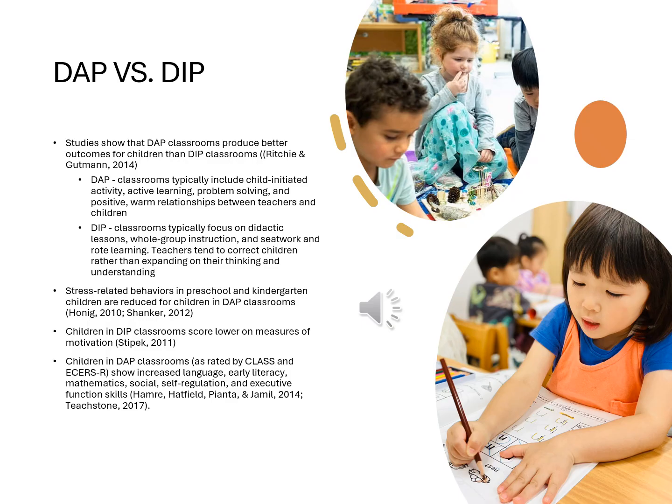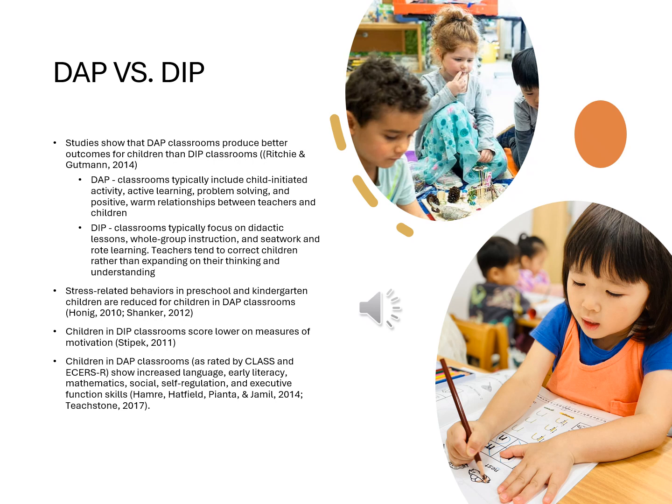So like, I want to build a block tower. I need to go find this set of blocks. Then I need to sit and not move a whole lot so that I can build this block tower. So it's being able to think ahead about strategies that you need to employ and how to best make things happen that you would like to accomplish. So there's a fair amount of evidence to show that DIP and DAP have different outcomes for children.